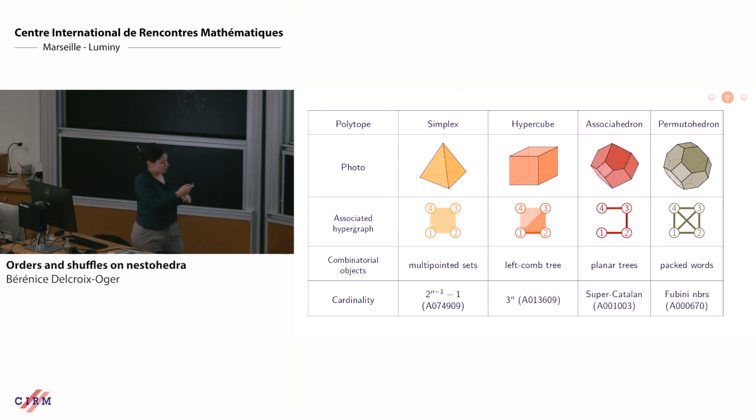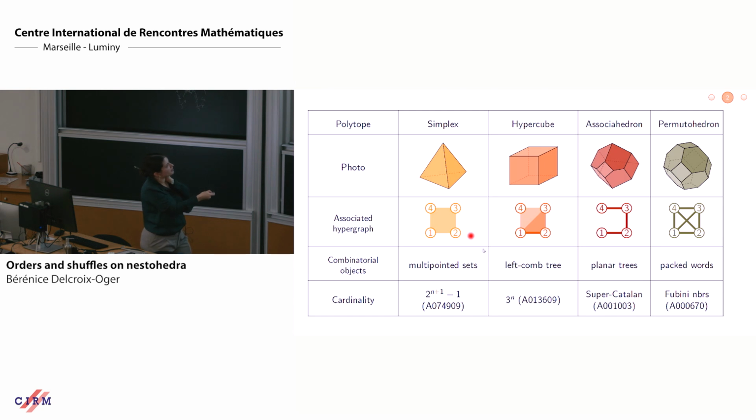They are associated combinatorial objects. So as you know, what labels the faces of the permutohedron is packed words. For associahedron, it's planar trees. For hypercubes, it's what we call left comb trees. So it's trees, but with only children on the left. It's like combed to the left. And for simplices, so, sorry.